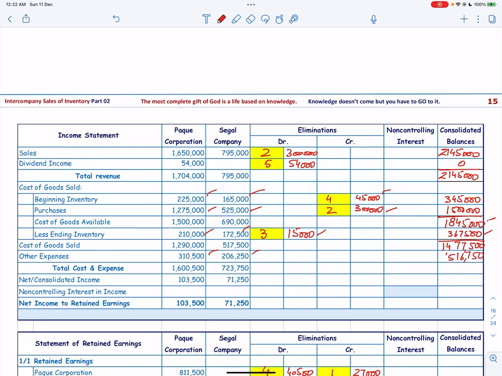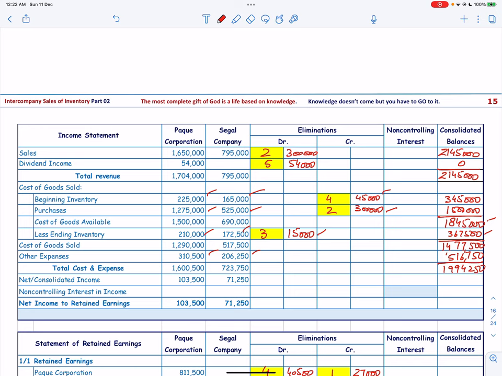So the total cost and expenses will be 516,750 plus 1,477,500, and that is equal to 1,994,250. Okay. And then we are going to get the net income.